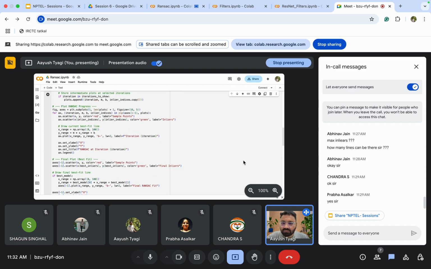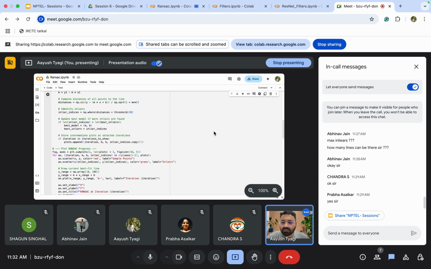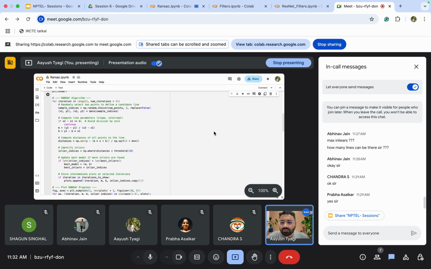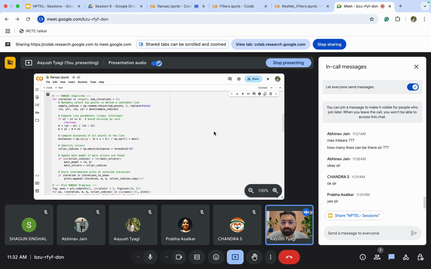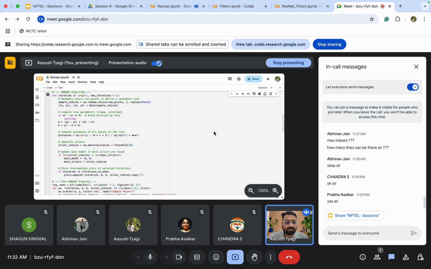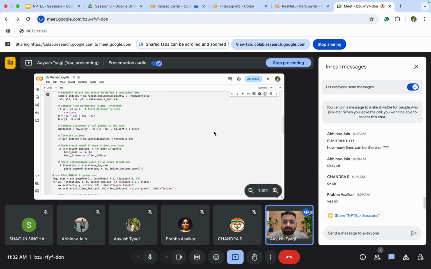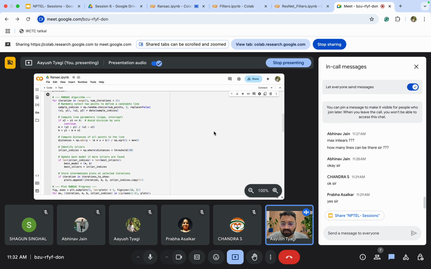The steps are also very simple. You sample 2 points, fit a line on them, and you define a threshold.